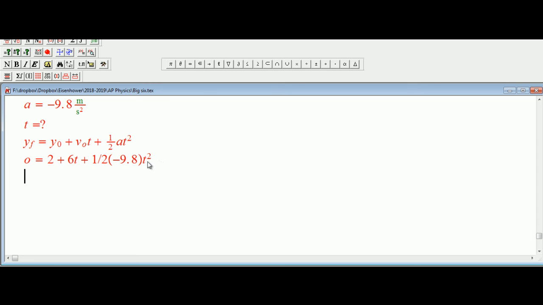Let's go ahead and clean this up a little bit. Anytime I do a quadratic equation, I like everything to be on the left.